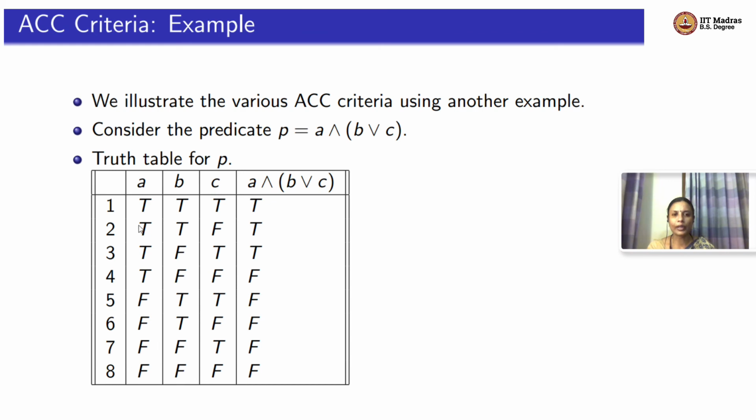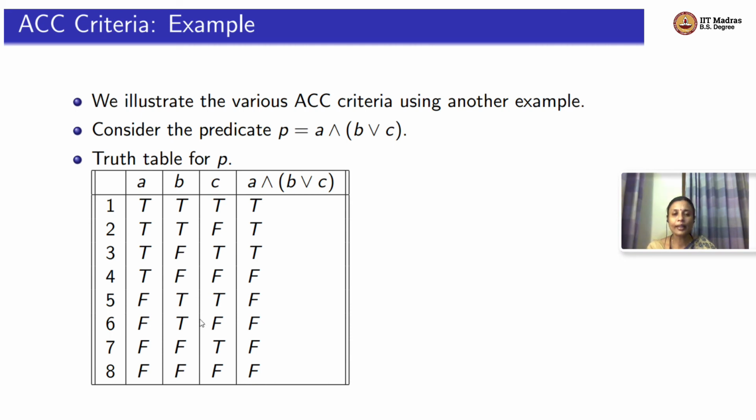For example, in the first row, all the three clauses A, B, and C take the value true. In the second row, A and B take the value true, C becomes false. In the third row, A is true, B is false, C is true, and so on. In the last row, all three are false. This last column in the truth table is the final evaluation for the predicate.